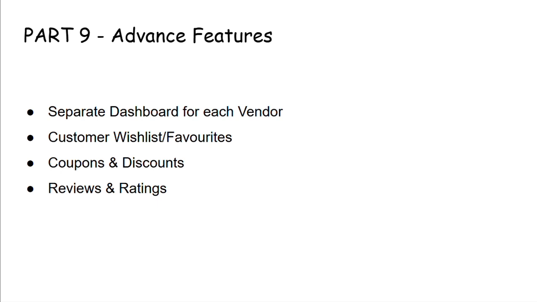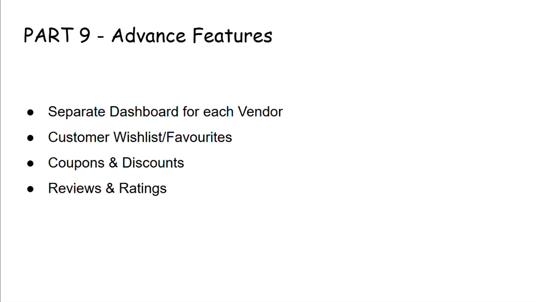Let's move on to part 9, which is the final one, probably final. This one is based on advanced features, which we can decide to do, or we can skip them as well. These are all the advanced features which we can decide later on whether to do or not, like a separate dashboard for each vendor.